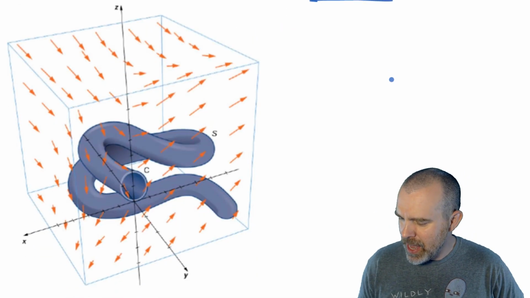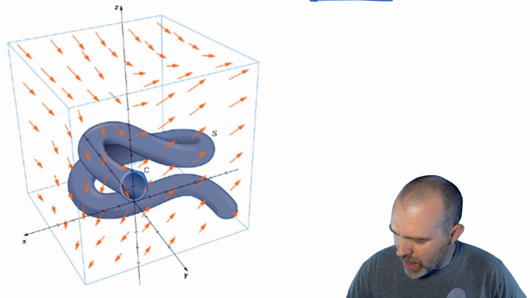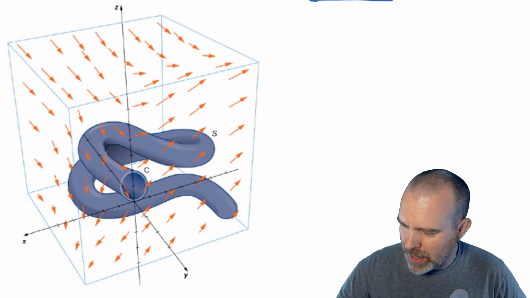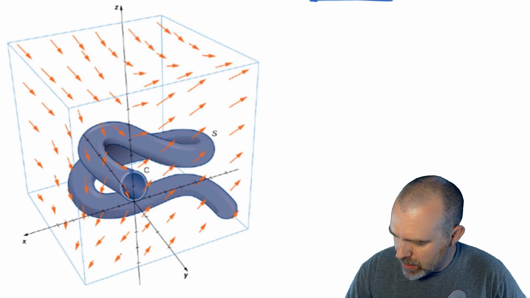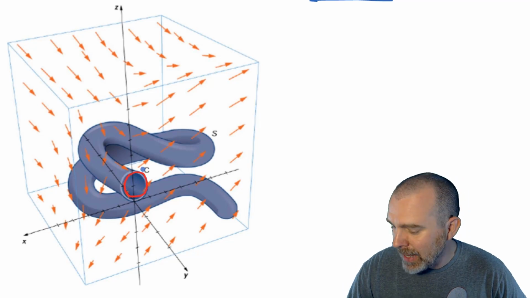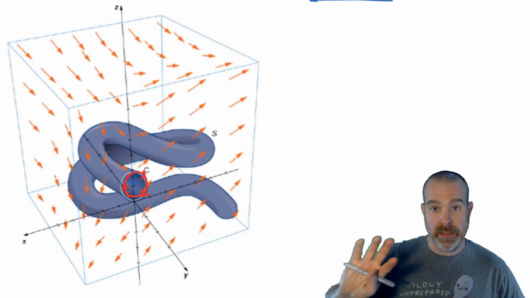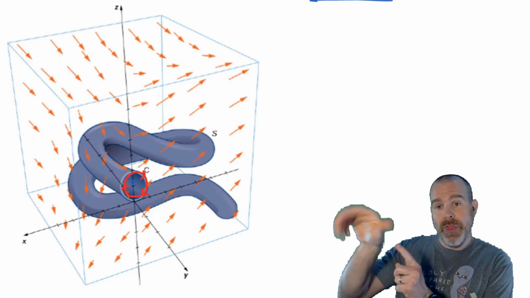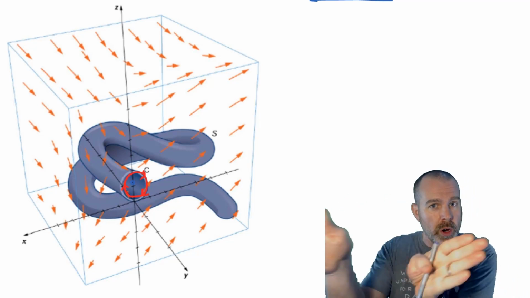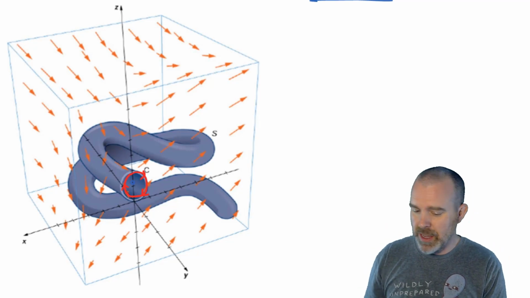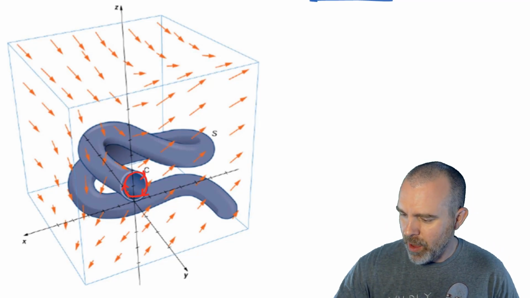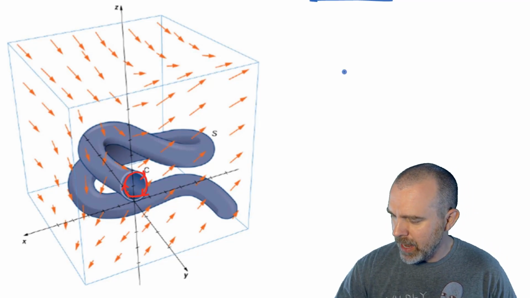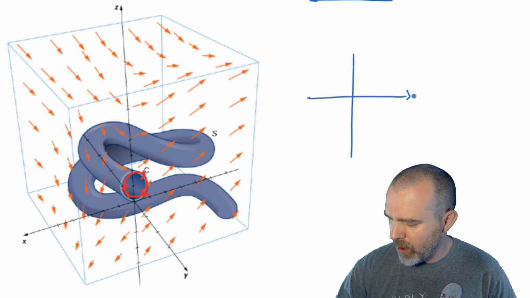And so the key is that curve there. I feel like I need a bright color, like a red or something here. This curve. Now I need to orient it clockwise there because I need my thumb to point outward on this surface. So all we're going to do is find the line integral along that curve.